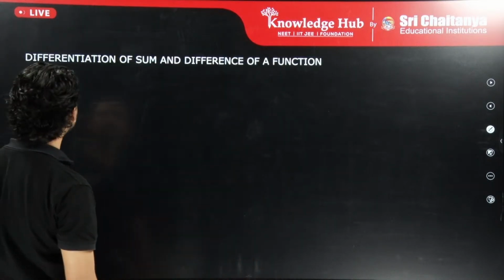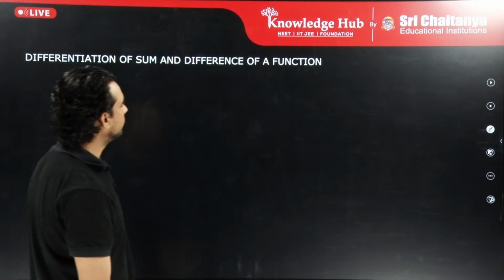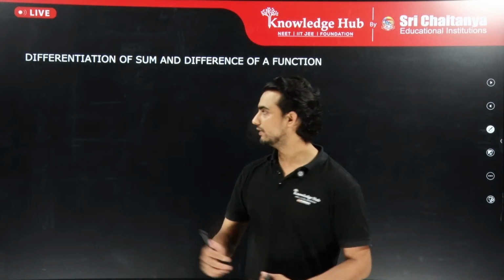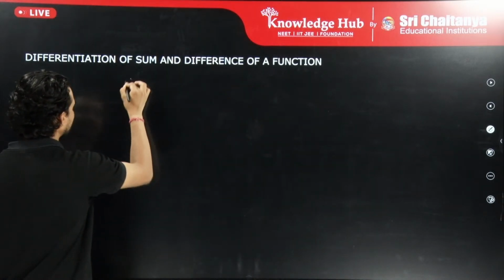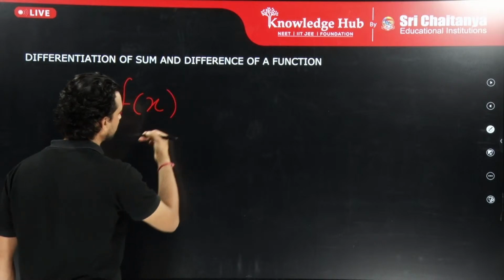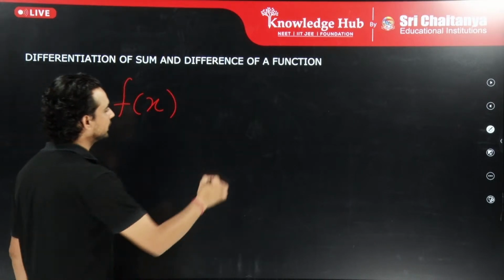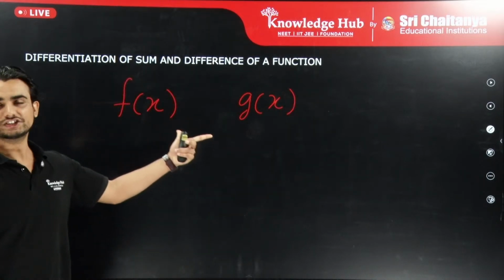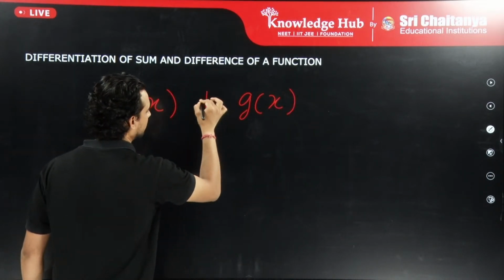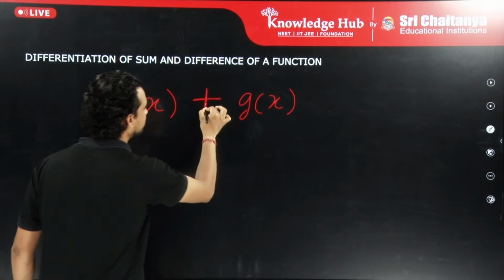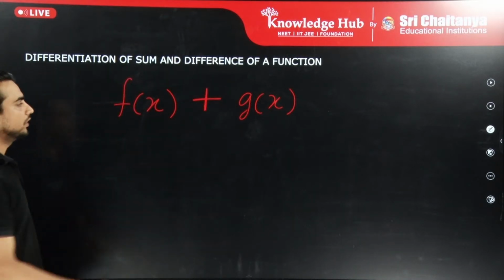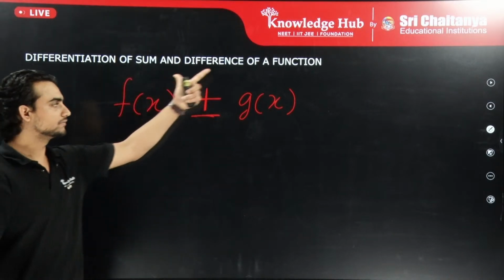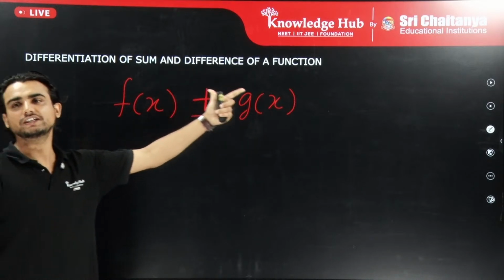Differentiation of sum and difference of functions. In this, I will have one function f of x and some function g of x, and these two functions will either be in sum form or in difference form. Function 1 minus function 2, f of x minus g of x.